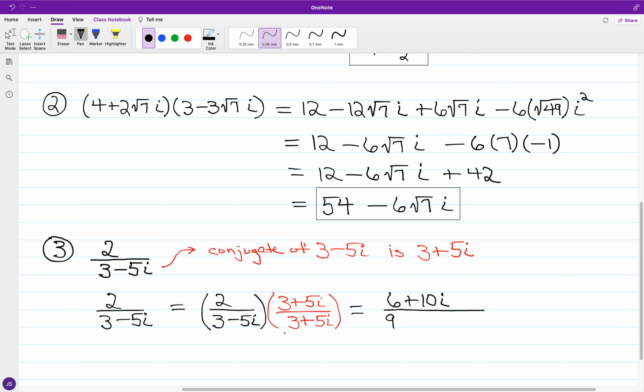The outside and the inside products cancel each other, since we have respectively positive and negative 15i. And for the last product, negative 5 times 5 is negative 25 i squared.